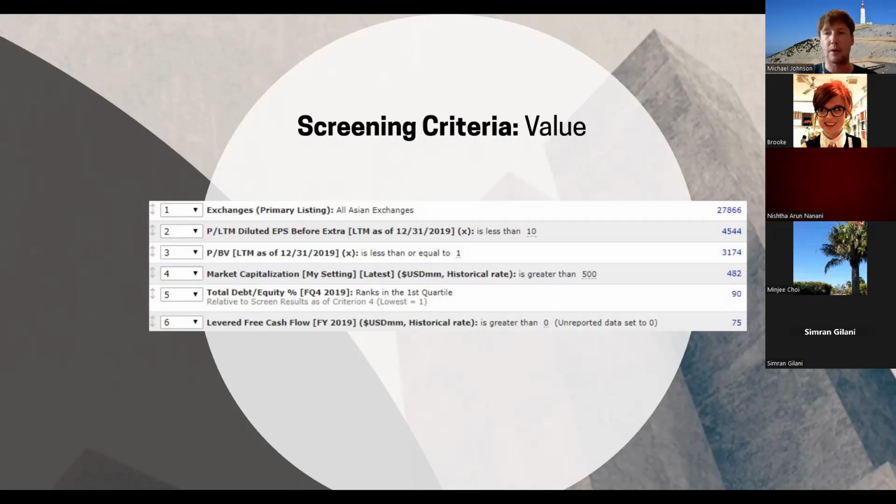Also, total debt to equity should be between 0.3 and 0.5. Levered free cash flow should be increasing per year and positive. So those are different things you got to look at here. So those are potential ways to screen.